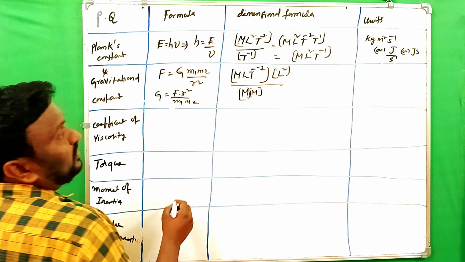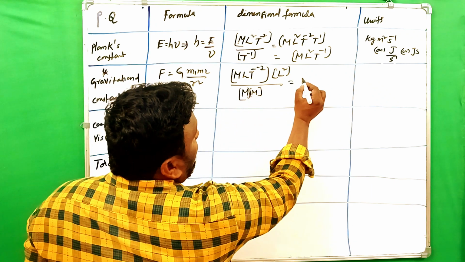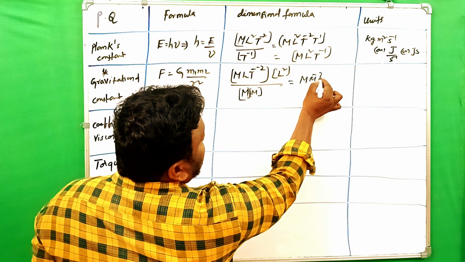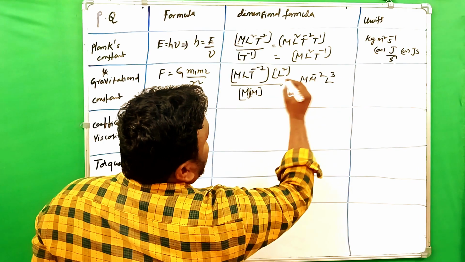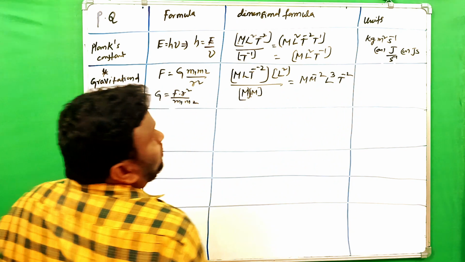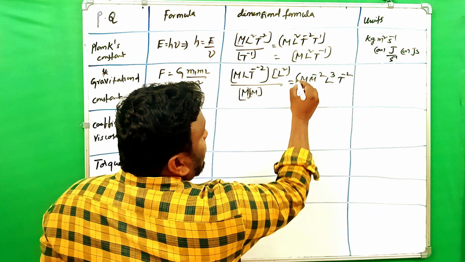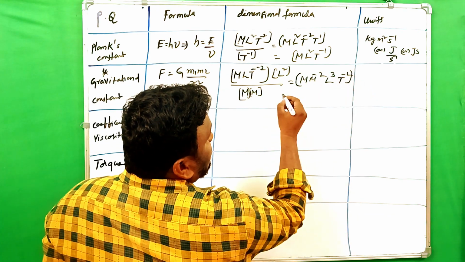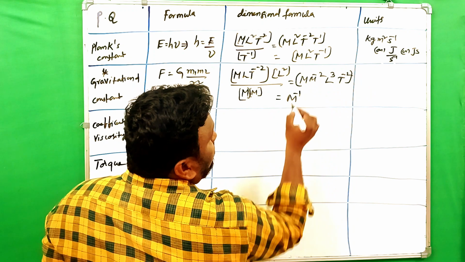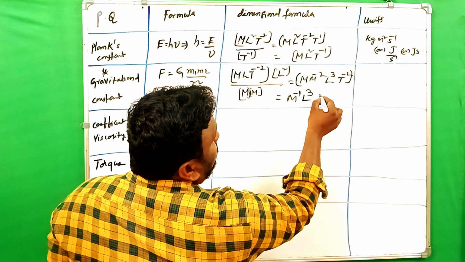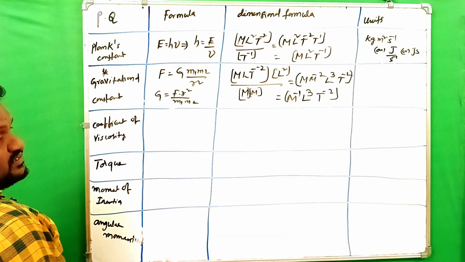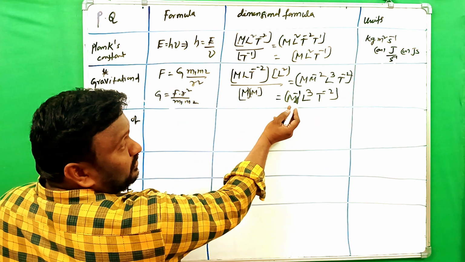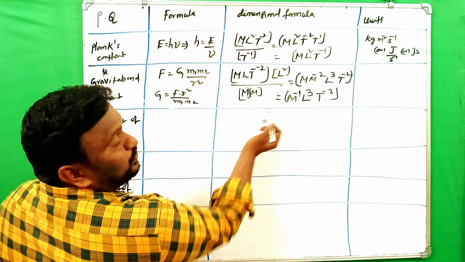So M to the power of 1 and M to the power of minus 2 give M inverse 1, and we get L cube and T inverse 2.